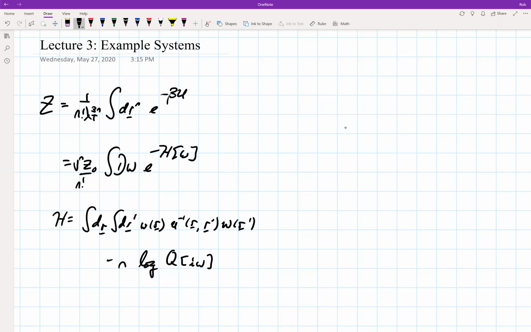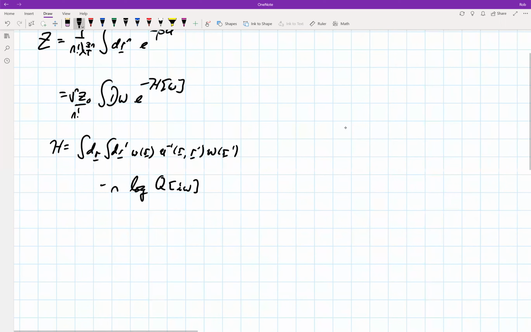Some key things we saw last time: first, we have this imaginary unit floating around, which complicates sampling. And the general structure is Gaussian in the potential fields w of r, coupled at 2 different locations through the inverse of the parapotential. That was a really nice interpretation that I believe Carol mentioned last time.